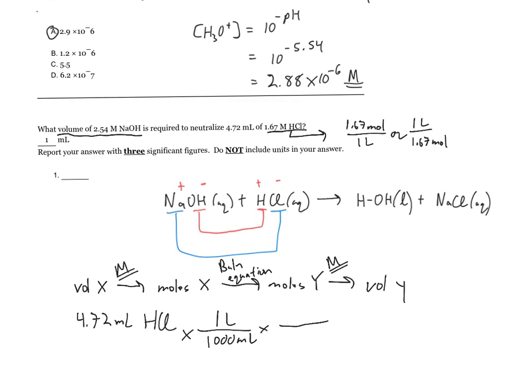To get units to cancel, 1 liter knows to go on the bottom, 1.67 moles of HCl needs to go on the top. Then you have 1 mole sodium hydroxide per 1 mole of HCl. Cancel.